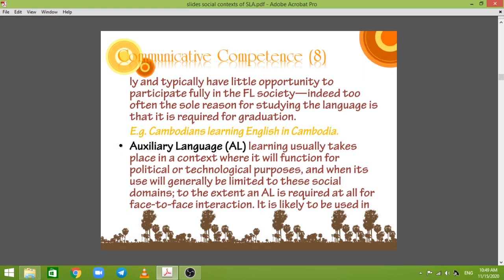Indeed, too often the sole reason for studying the language is that it is required for graduation.